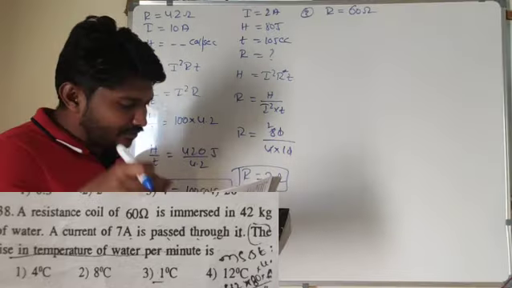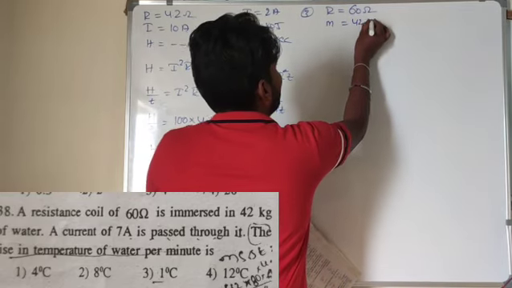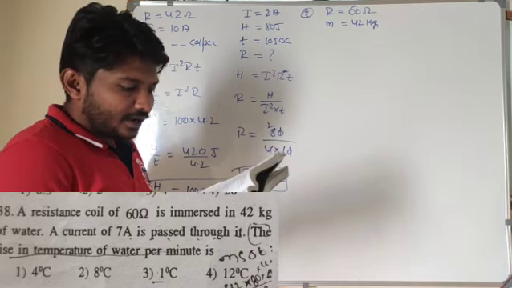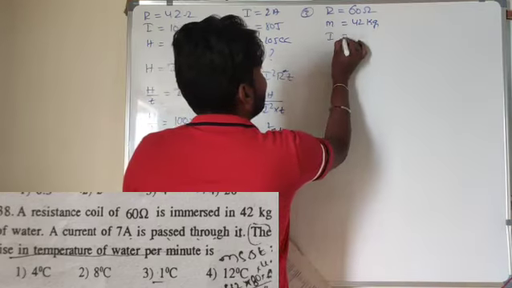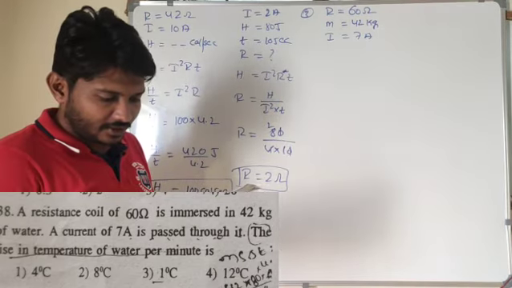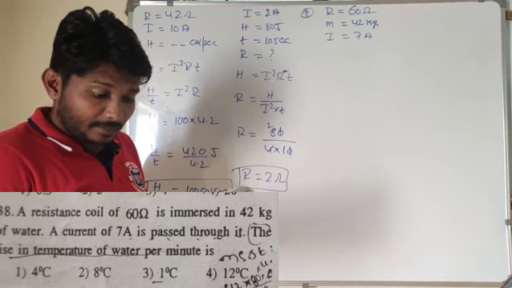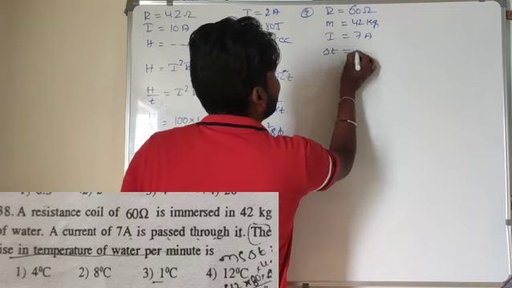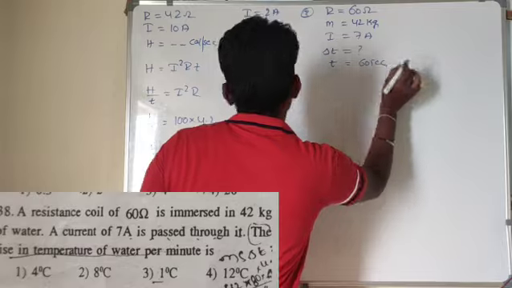It is immersed in 42 kg of water, which is the mass of the water. A current of 7 ampere is passed through it. The rise in temperature of the water per minute is what I need to find out. Per minute means the time value is 60 seconds.